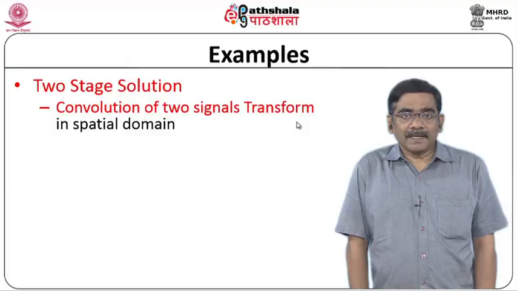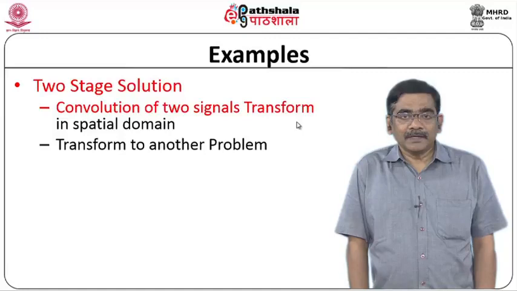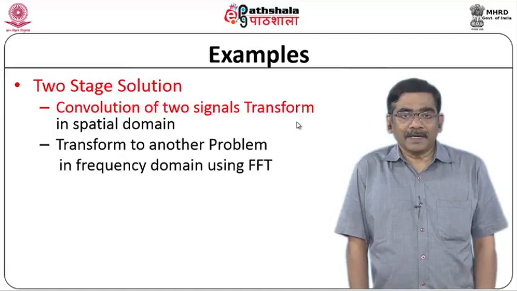So, it is a very complicated procedure. What we can do is transform this problem to the frequency domain. In one of the earlier modules, we discussed the fast Fourier transform, using which we can convert the signal information from the spatial domain to the frequency domain.